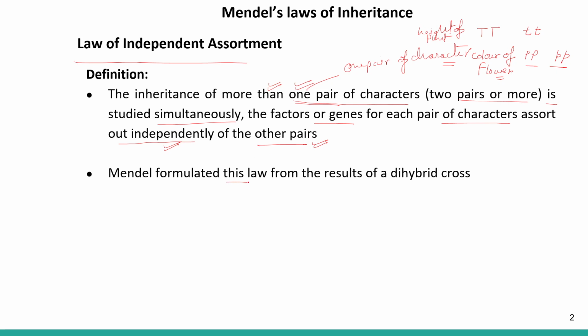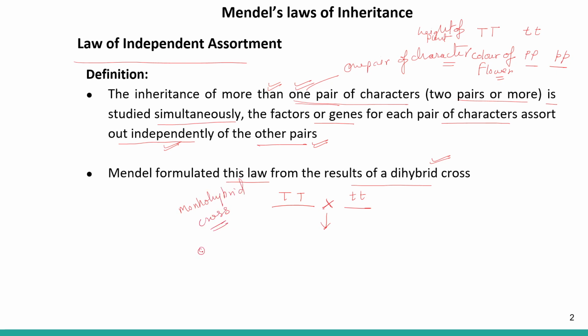Mendel formulated this law from the result of the dihybrid cross. Till now we have considered the monohybrid cross, capital T, small t. This is mono. If we make a cross between them, it is called a monohybrid cross.